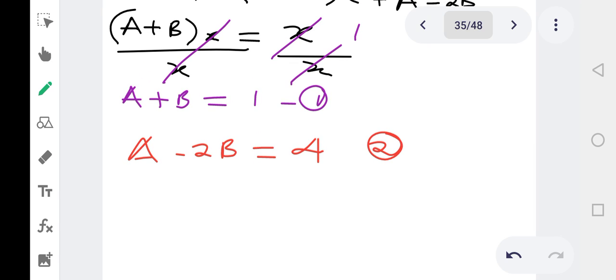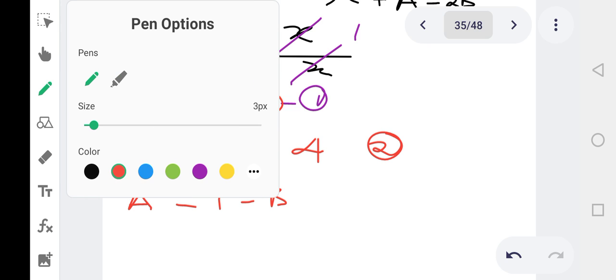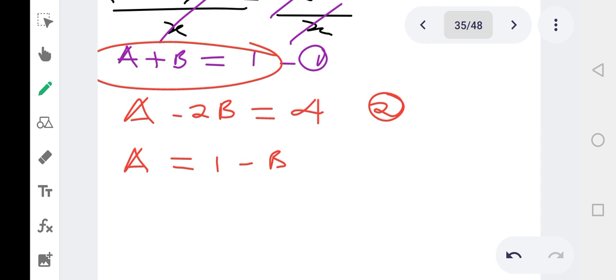All right. So what I'm going to do, I'm going to make one variable the subject of the formula. So what am I going to do? I'm going to say a, I'll take b to the other side. So a is equal to 1 minus b. When I do that, what am I going to do next?